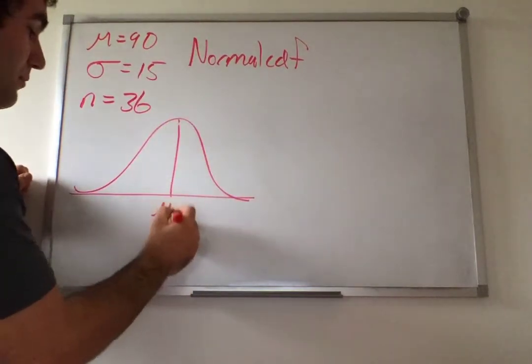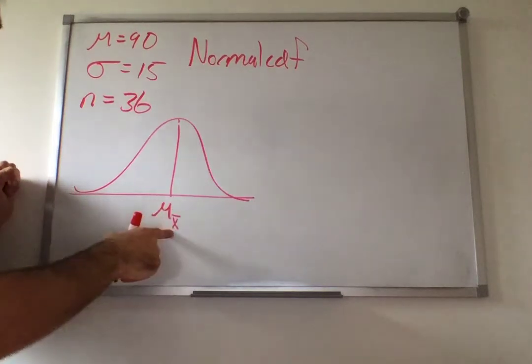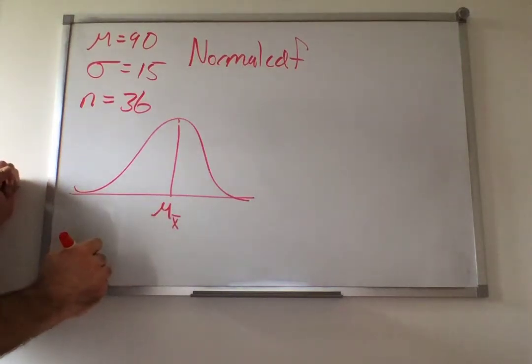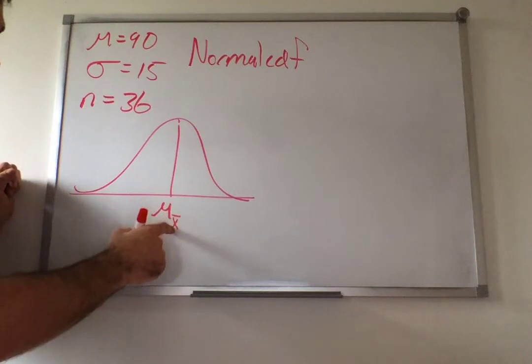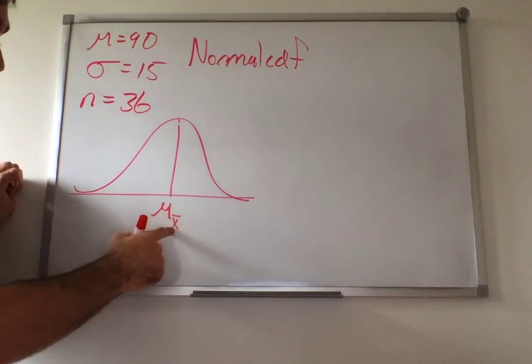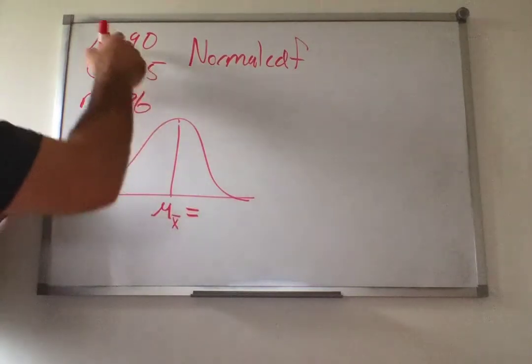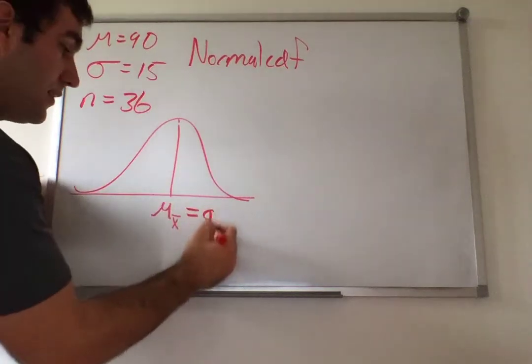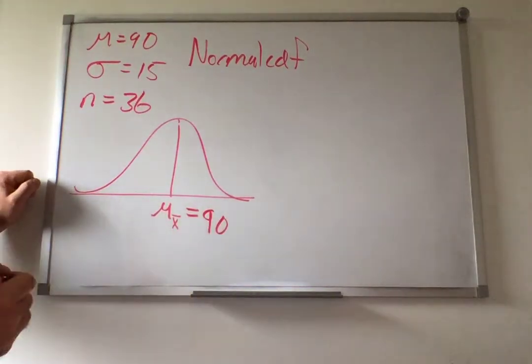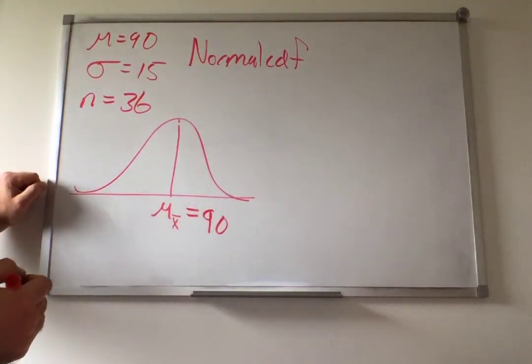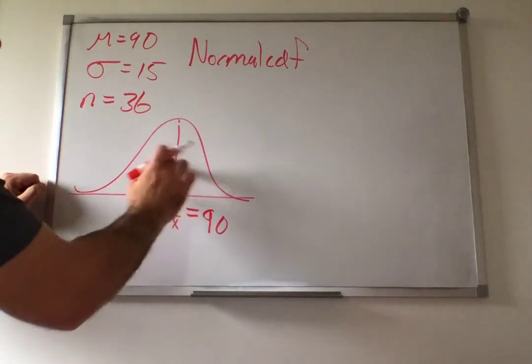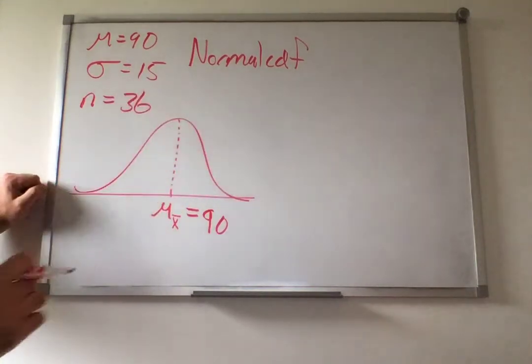We have mu of x bar, the mean of our sampling distribution. According to the central limit theorem, that is equal to exactly our population mean. I usually draw this dotted. There we go.